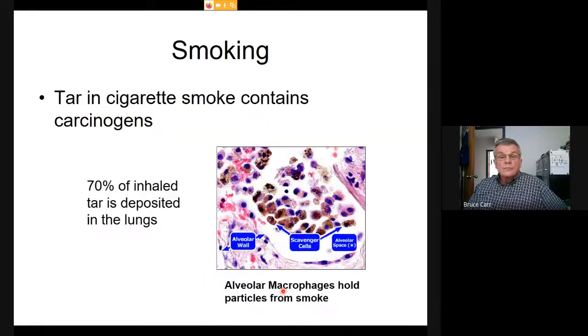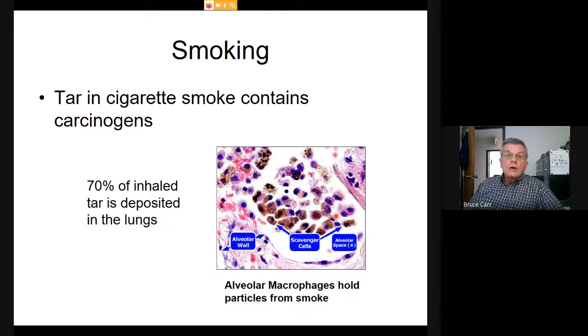Tar is a deadly substance that comes from the combustion products. 70% of what is inhaled is deposited. Now your alveolar macrophages are going crazy trying to scavenge that dirt out. Now, non-smokers have to deal with dust and pollen and other things.